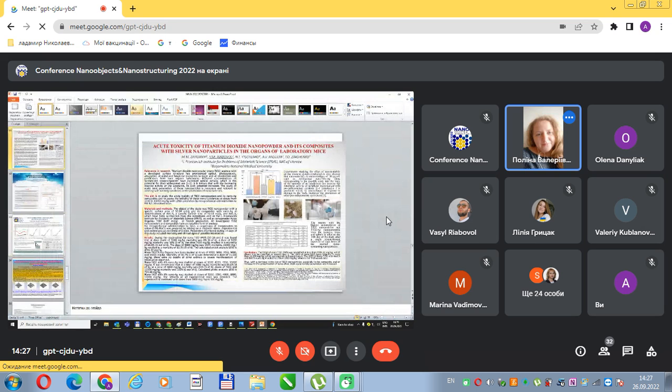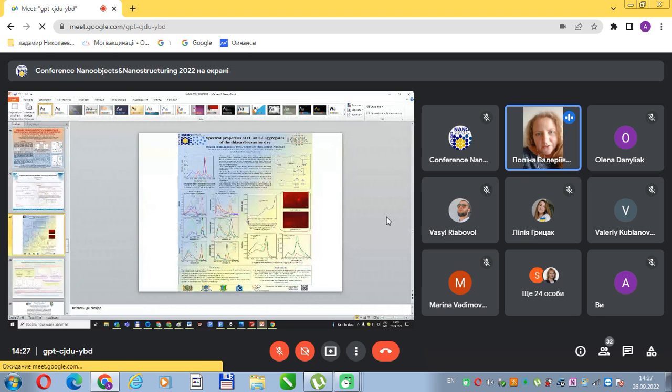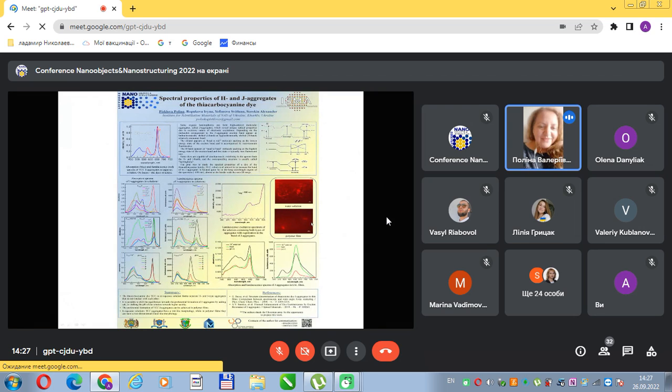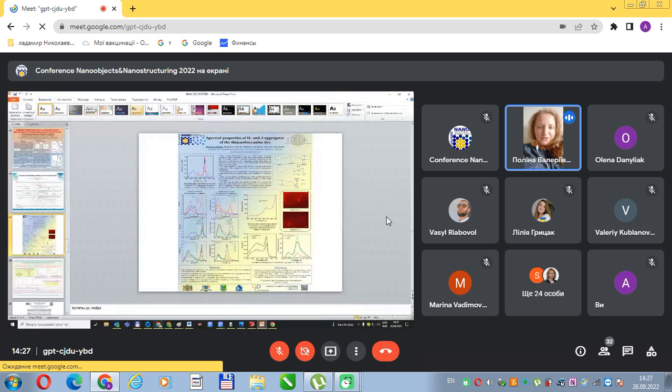And I have my mail address on my poster. If somebody wants to ask questions by mail, I will answer. Yes, it's my poster.